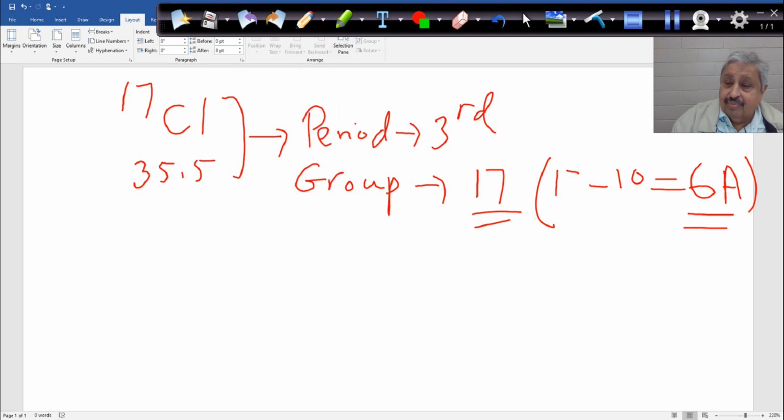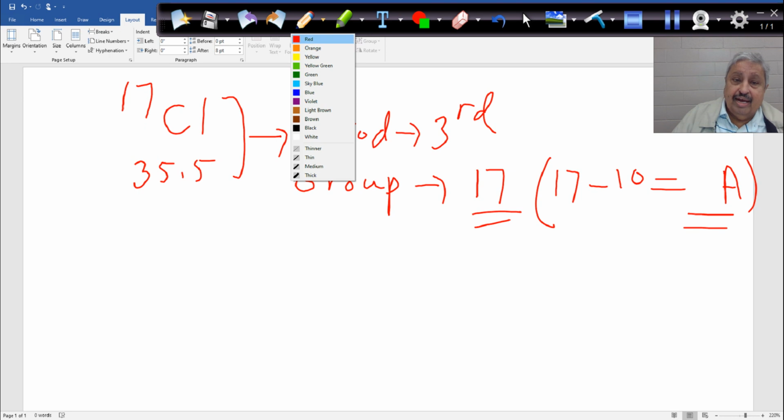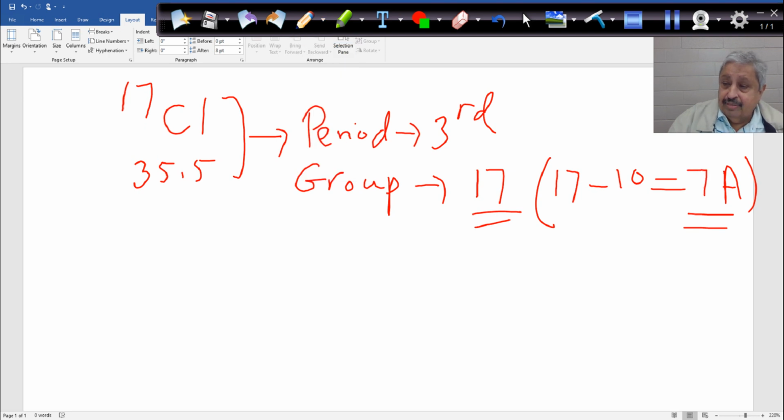This is why I'm looking at this: this is the old A and B, the old designation of the periodic table, which is by far good to determine the valence electrons.